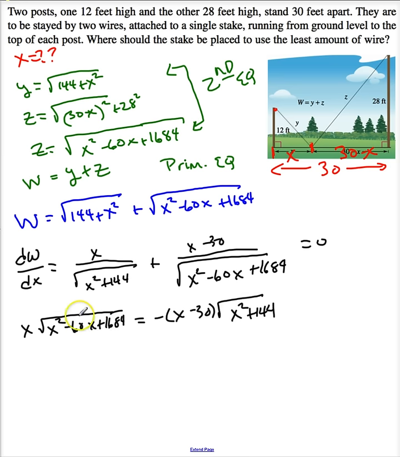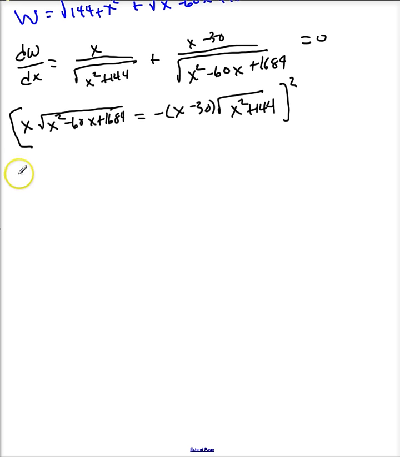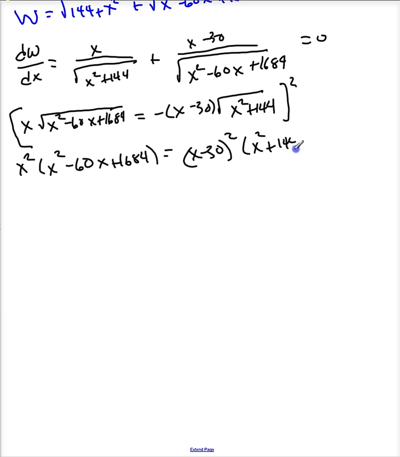Now I cannot solve this the way it is. I need to square the entire equation. And when I do that, this side over here, let me extend my page, I'm running out of room, becomes x squared times x squared minus 60x plus 1684 equals x minus 30 squared, if that negative sign goes away, times x squared plus 144.